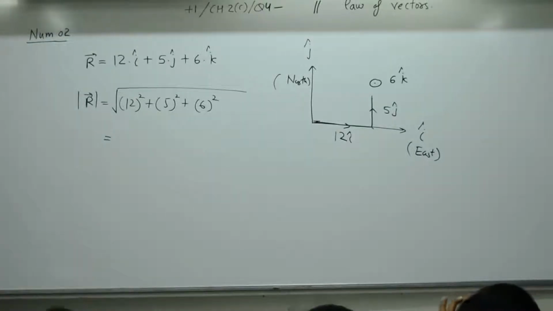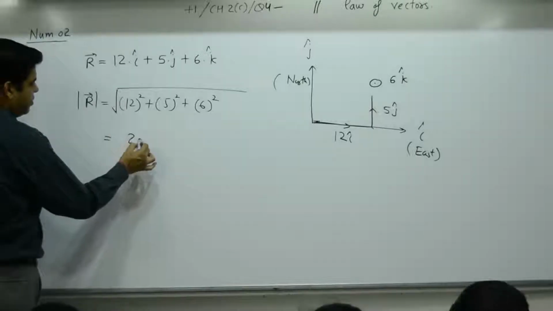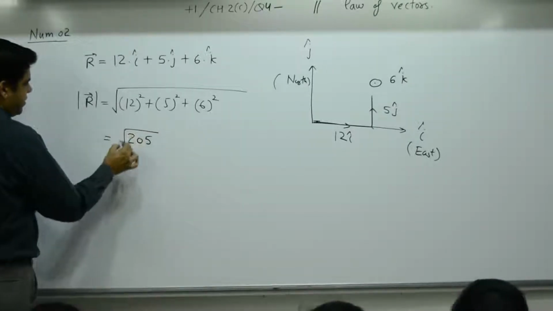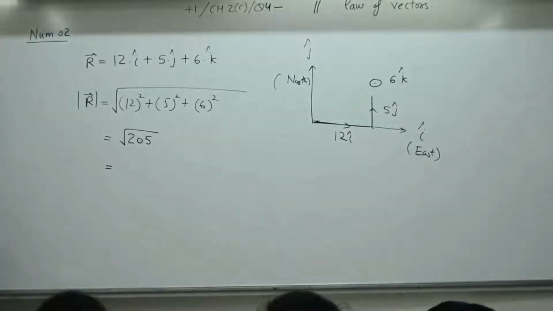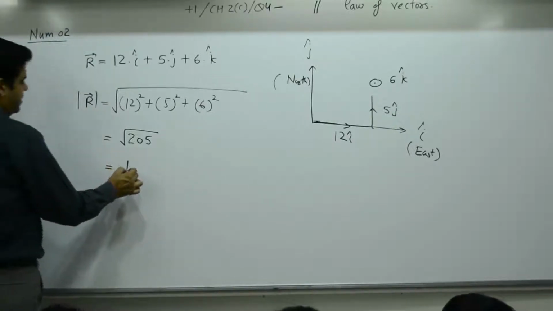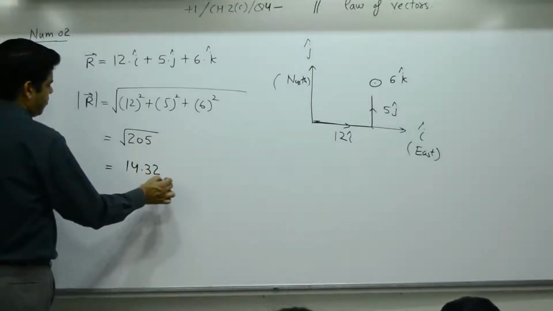How much? 205 is equal to? More than 14, less than 15. The answer is 14.32 units.